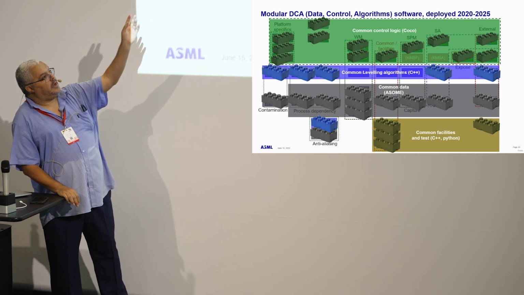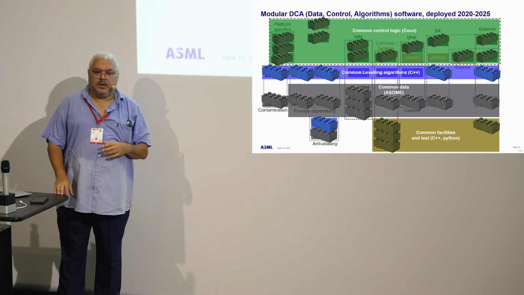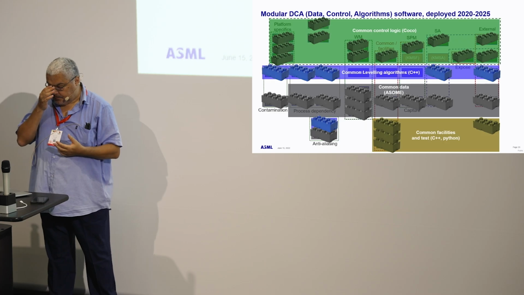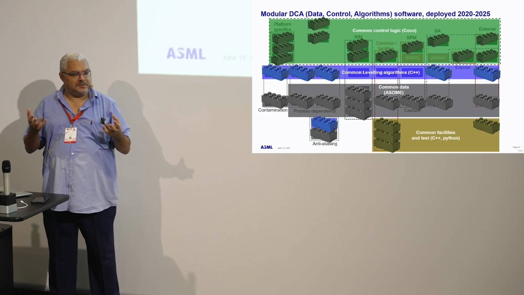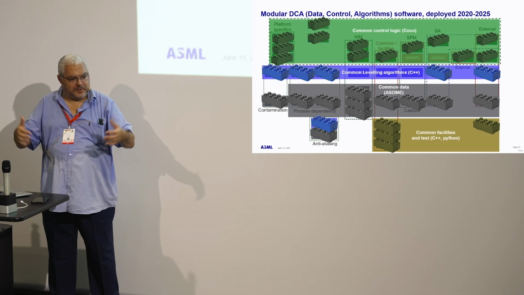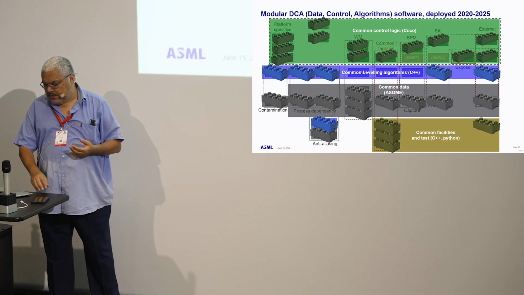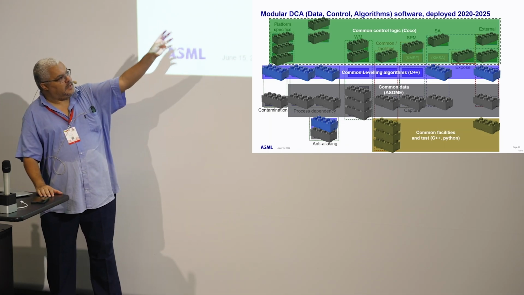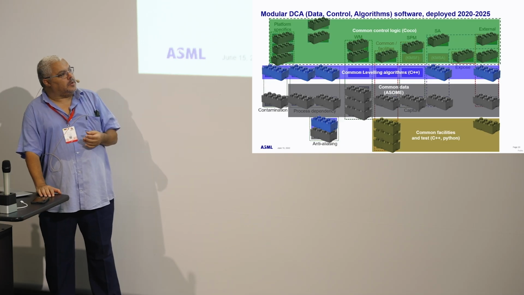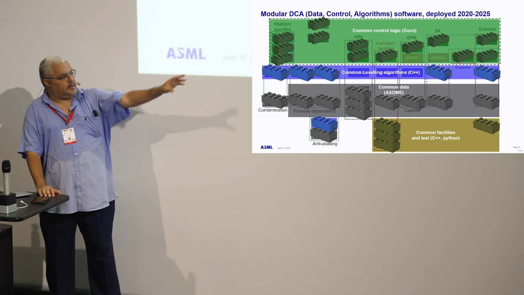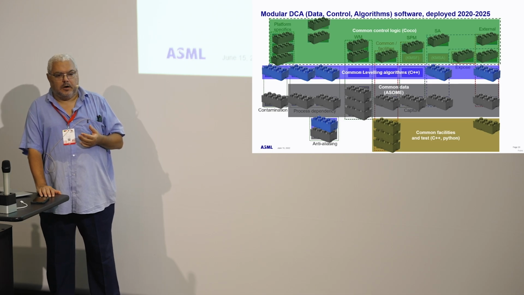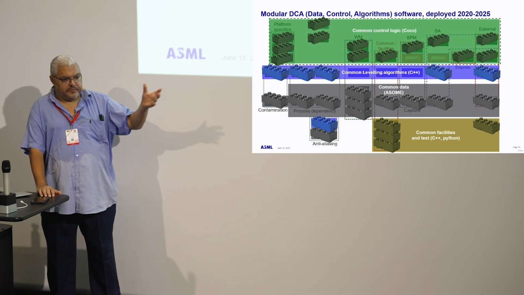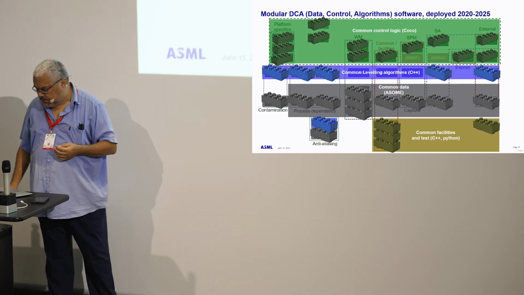In the middle in blue, we have all of our algorithms, which in many senses are our crown jewels, if you will. That's where we really are doing the calculations that get us to nanometers. We have all of the data, which was implemented using this internal tool. And then we have some common facilities, so things like test facilities, decorators that provide some helpers, and so on.